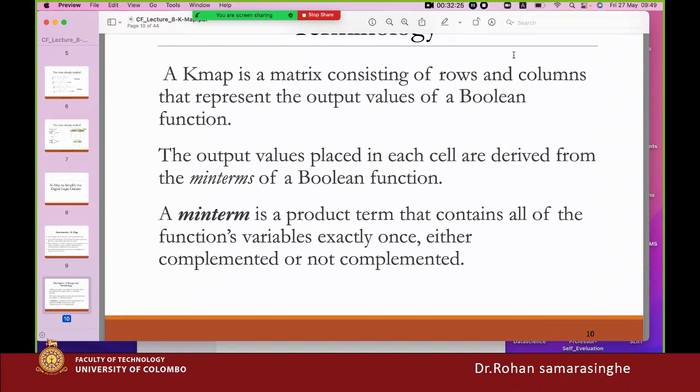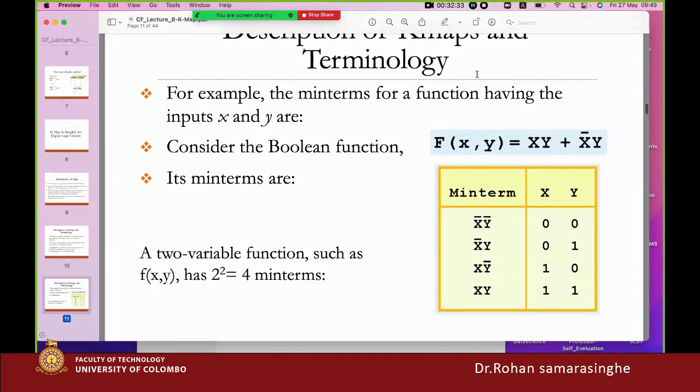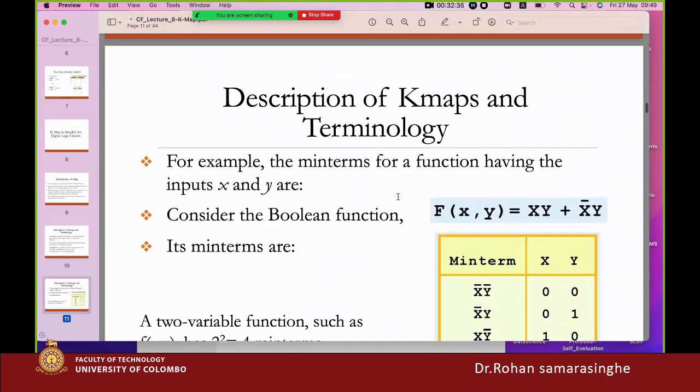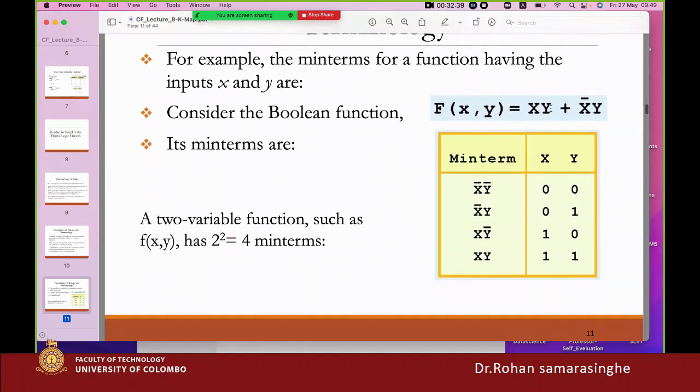The variables can appear only once, either complemented or not. Here we can see a simple example: xy plus x bar y. We know that if there are two variables, we can have the outputs 0 0, 0 1, 1 0, 1 1.